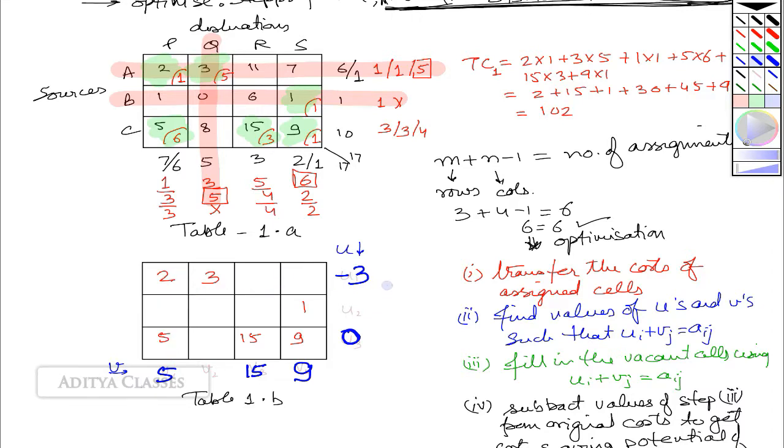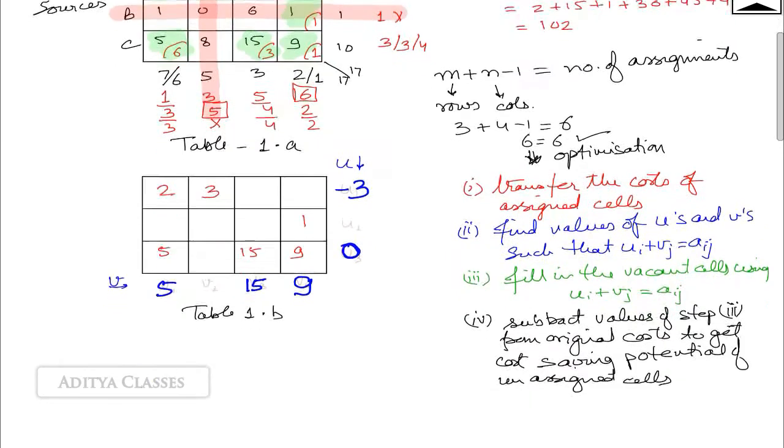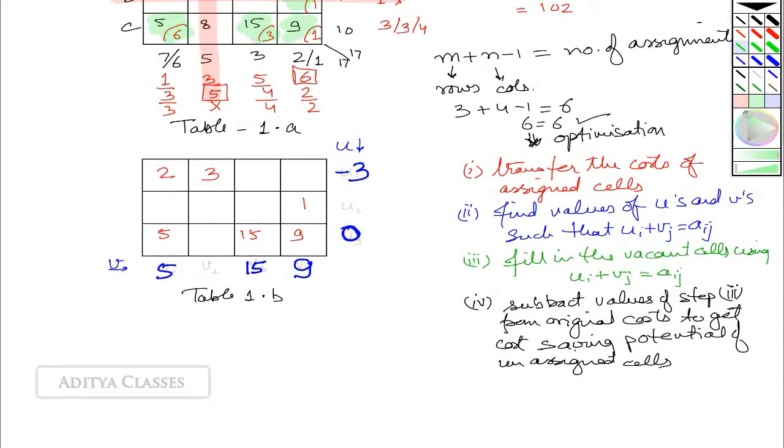Yes, definitely minus 3 is the way to go. Now here we can write a formula if we wish. The formula to find all these values would be internal minus external. 2 minus 5. Internal value is 2, external value is 5. 2 minus 5 is minus 3.